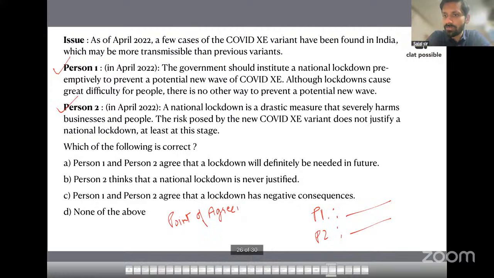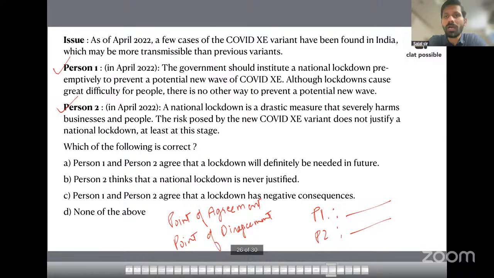If there is one, try to determine that. It could be the case that there's only a point of agreement, or only a point of disagreement, or that they agree on some part and disagree on some other. So just try to fix that before answering these questions.